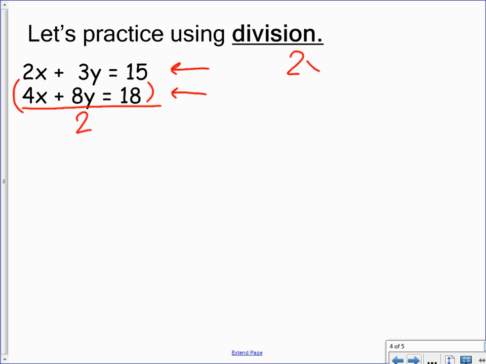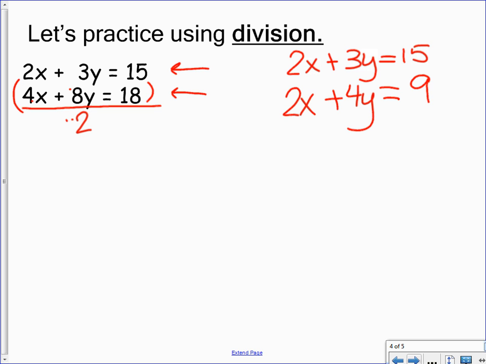So I'm going to divide this whole equation by 2. So I have 2x plus 3y equals 15. That's my first one. And I take 4 divided by 2, which is 2x, plus 8 divided by 2, which is 4y, equals 18 divided by 2 is 9. These are the same equation. They're equivalent.